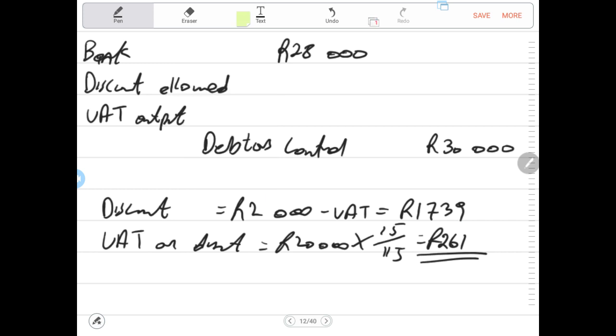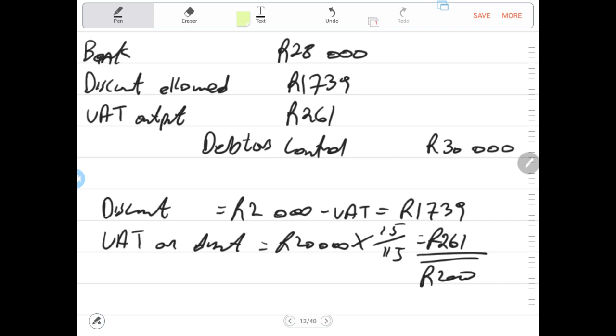So now the 2,000 gets divided into 2. The total of this is 2,000. We need to separate it into VAT amount 261 and the discount amount excluding VAT, 1,739. So that is how we get to record.